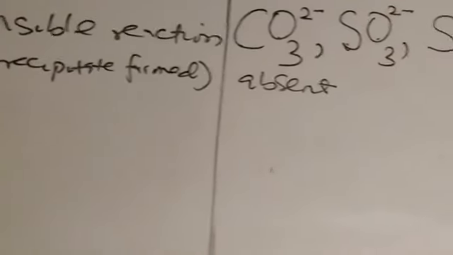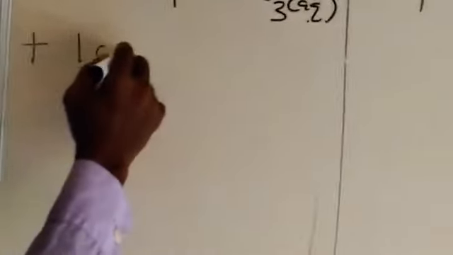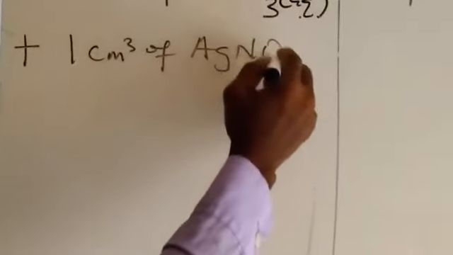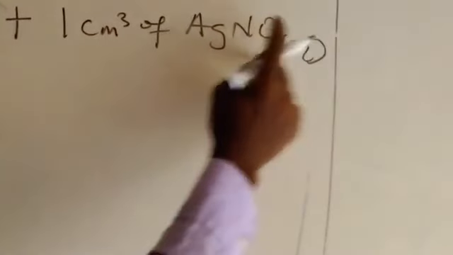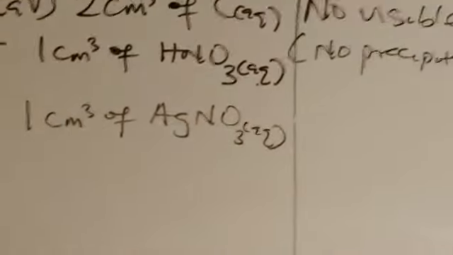The next line, we're asked to add 2 cm³ of silver nitrate, AgNO3. So we're going to add silver nitrate to the mixture produced when we added HNO3. Here we have our freshly prepared silver nitrate.